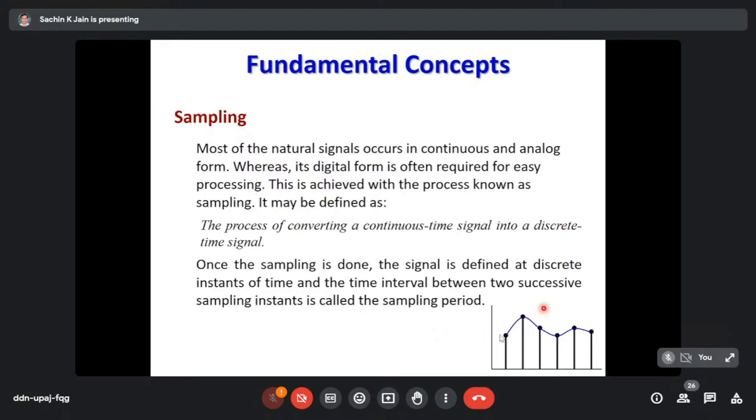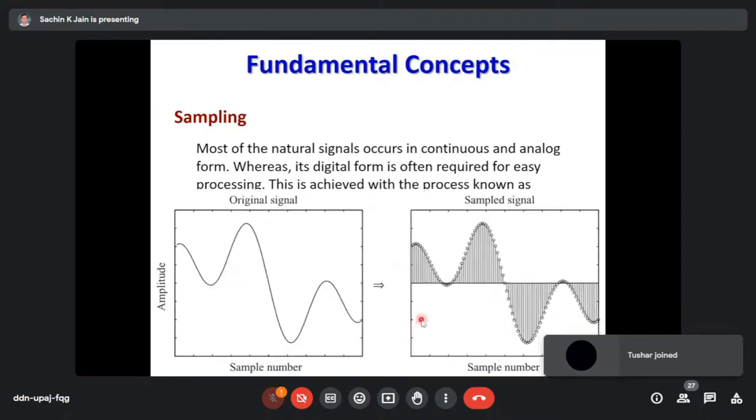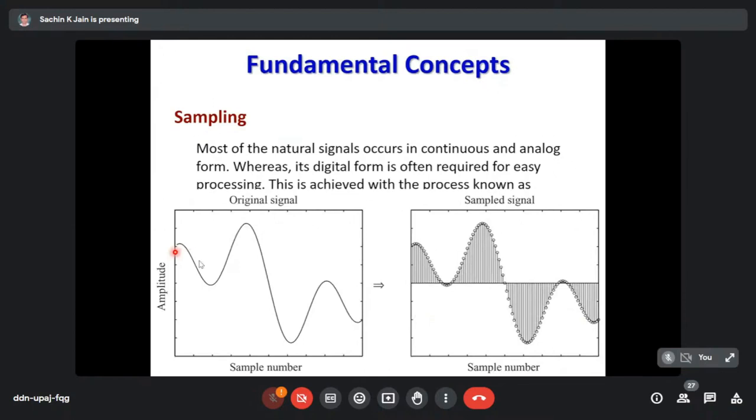For example, if this is a continuous signal, we sample it at pre-designated places after some time interval. So these points constitute your sampling instances, and this is known as your discrete signal or sampled signal. Now for sampling, the original signal is like this and your sampled signal will look like this.